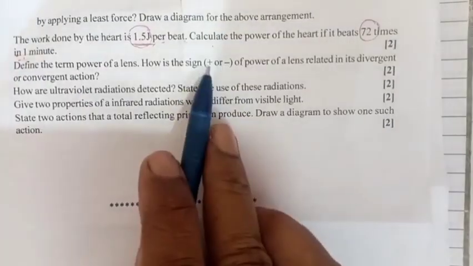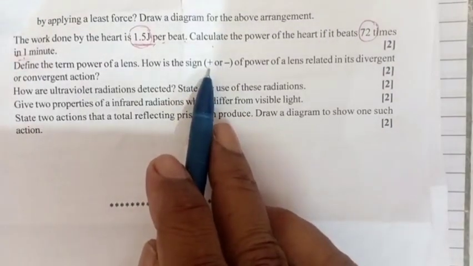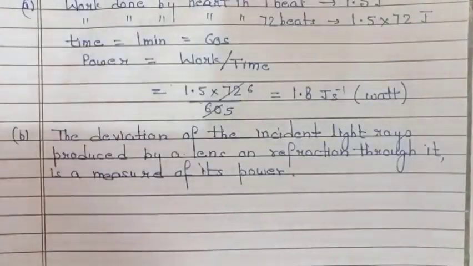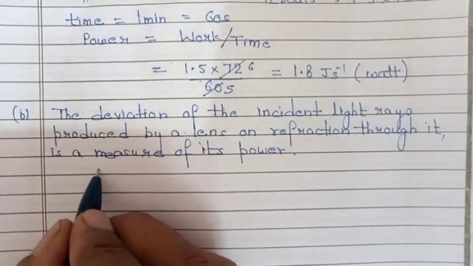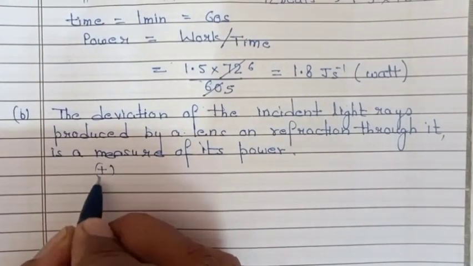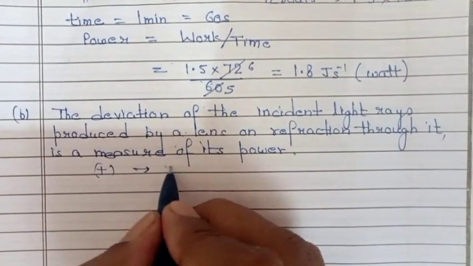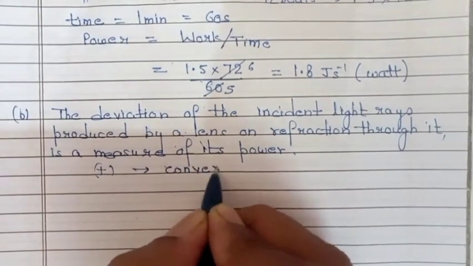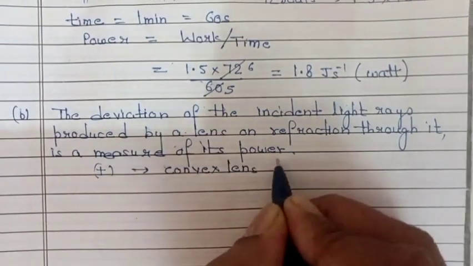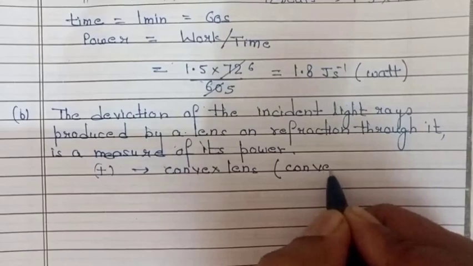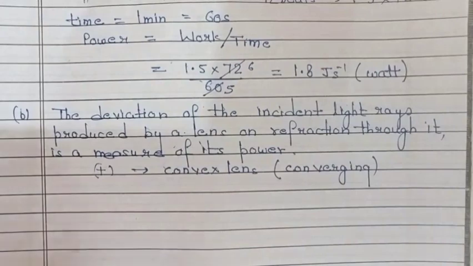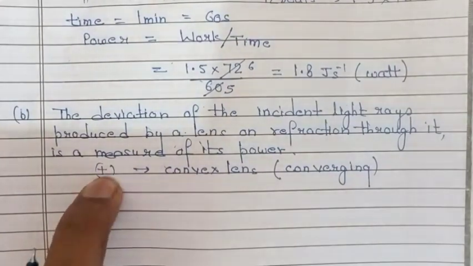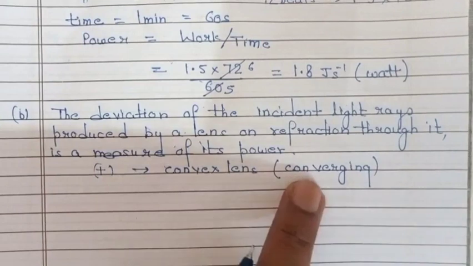Now remember, if power is plus, then it is a convex lens, and convex lens is always converging in nature.